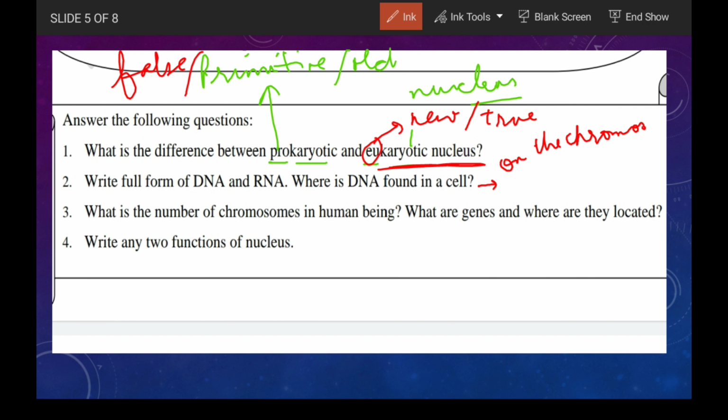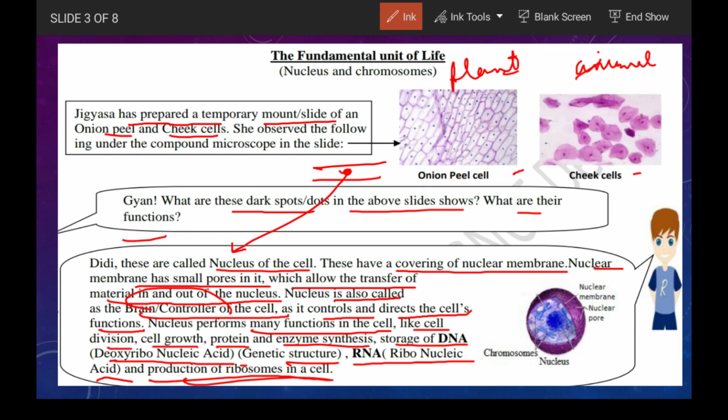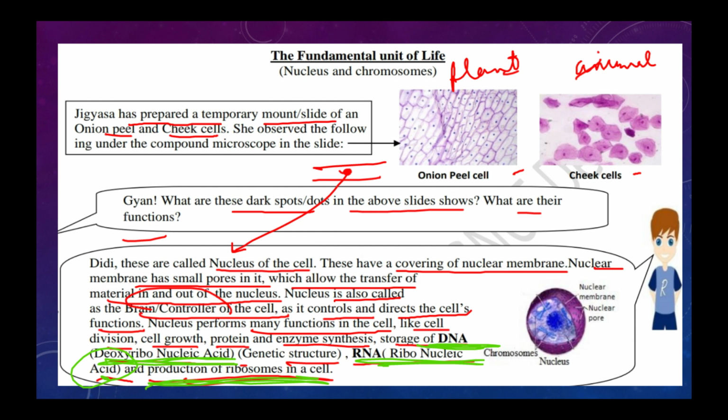The exact location is on the chromosomes in the nucleus. So this is the answer of this part. For the full forms, you can move to the slide where it's already written: DNA, deoxyribonucleic acid, and RNA, ribonucleic acid. So this is the answer to your question number 2.